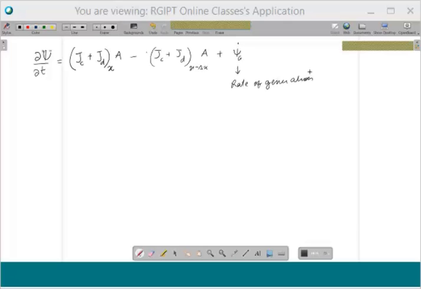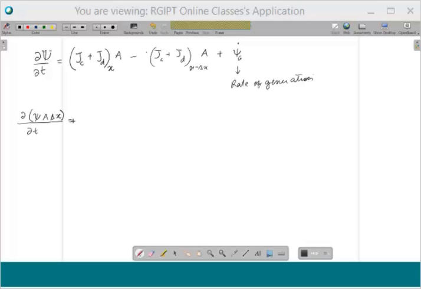Now Jc I have already found to be equal to small psi times v. I'm looking at a volume which is not changing with time, so the accumulation can be written as psi times A times delta x, del by del t.